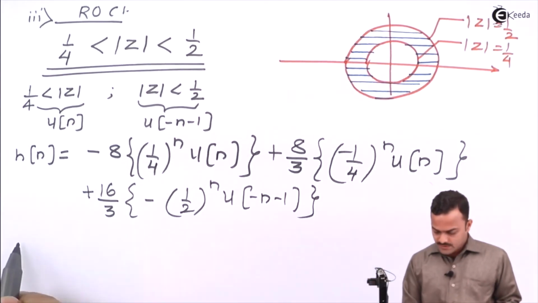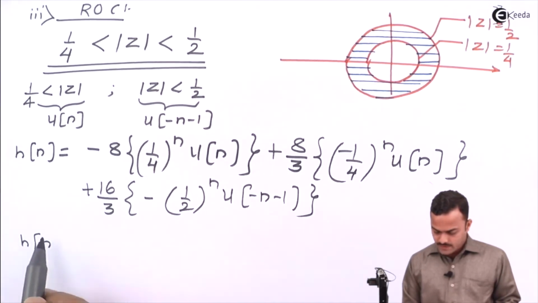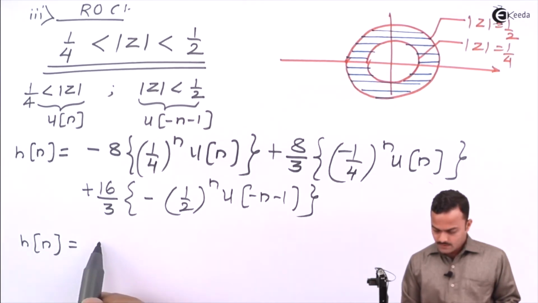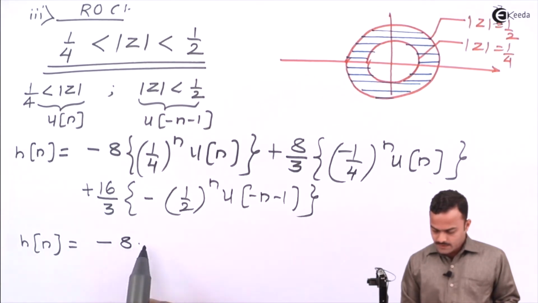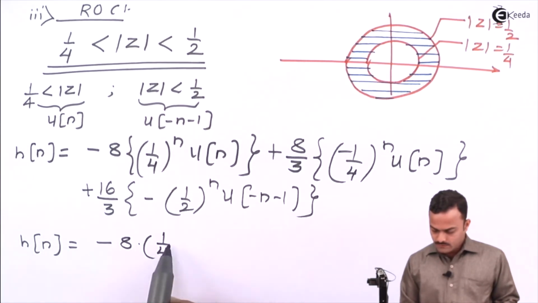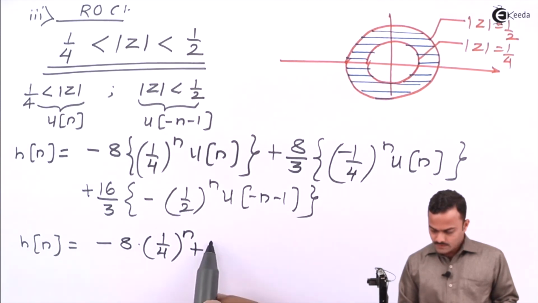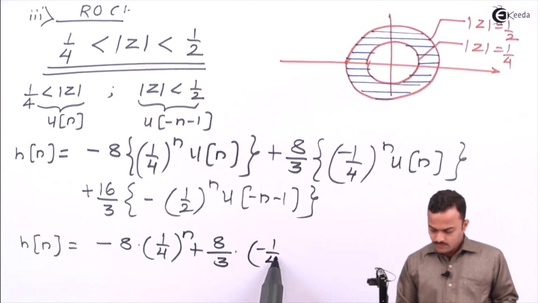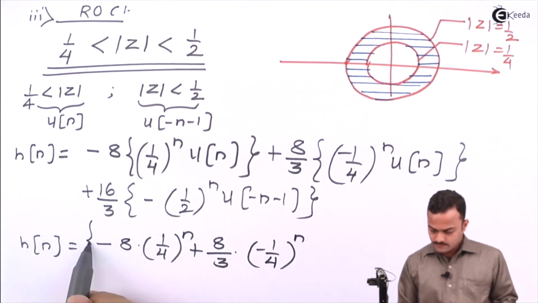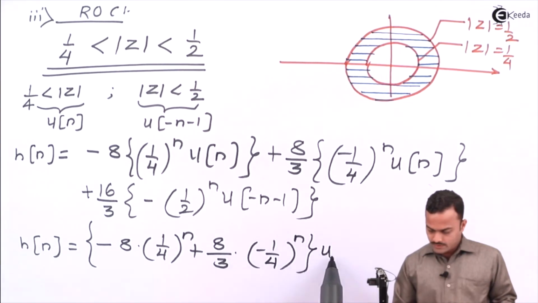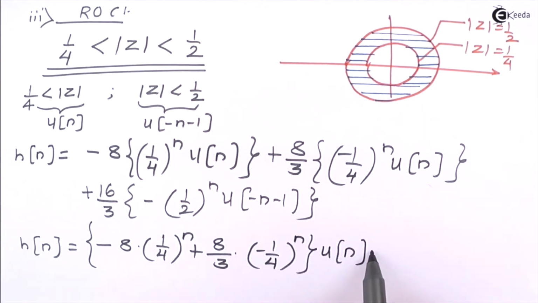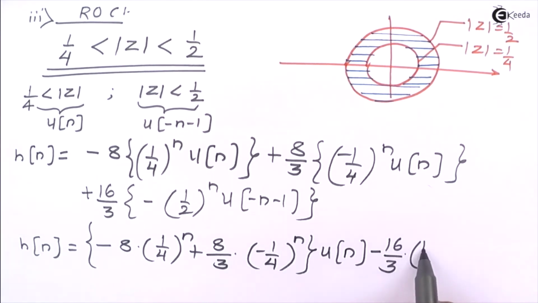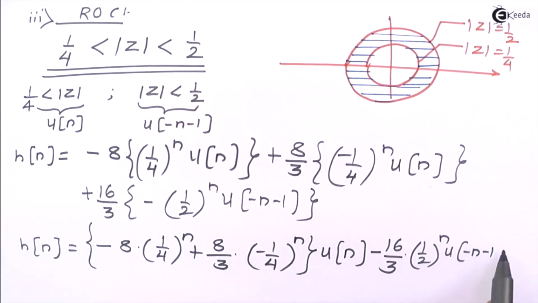If we simplify this, in the end we will get h of n as minus 8 into 1 by 4 raised to n plus 8 by 3 into minus 1 by 4 raised to n, whole multiplied by u of n, minus 16 by 3 into 1 by 2 raised to n, u of minus n minus 1.